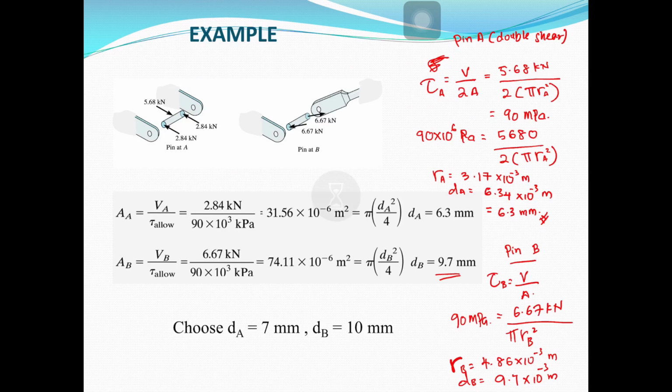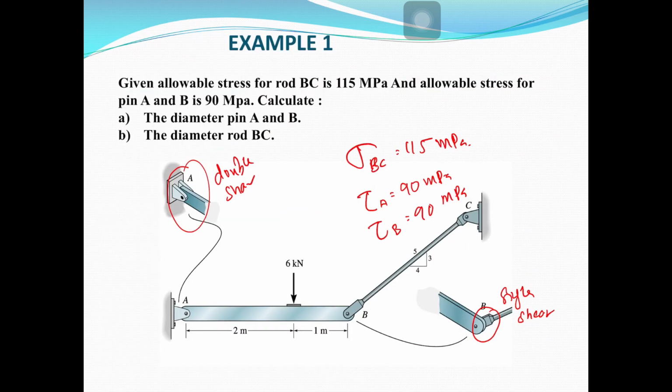So what if, I repeat a little bit, what if the question gives you the ultimate stress, the failure stress? Let's say I change this one, given the failure stress for rod BC is 200 megapascal.